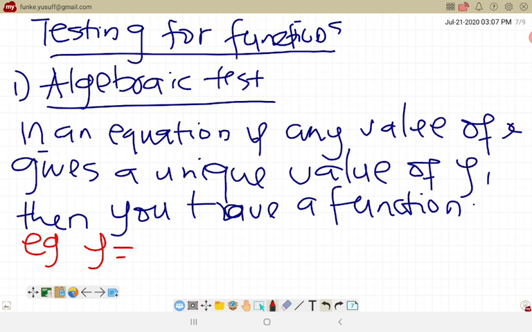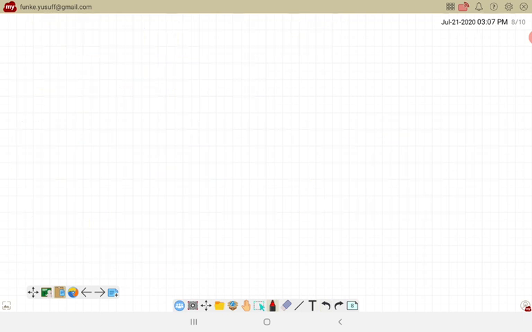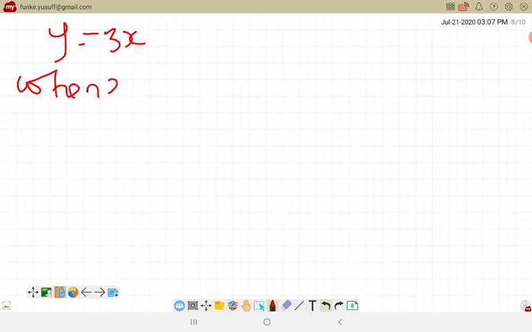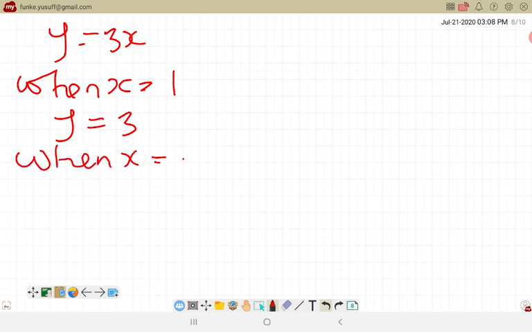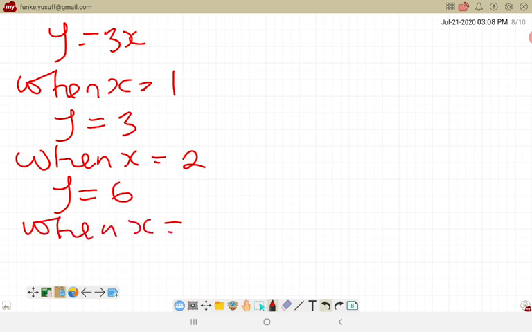consider this equation y equals 3x. Now, y equals 3x. When x equals 1, y equals 3. When x equals 2, y equals 6. When x equals 3, y equals 9.